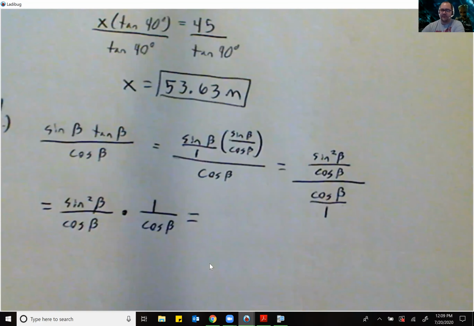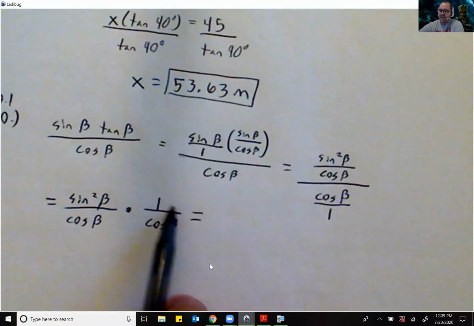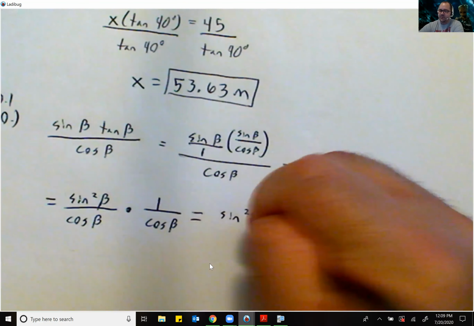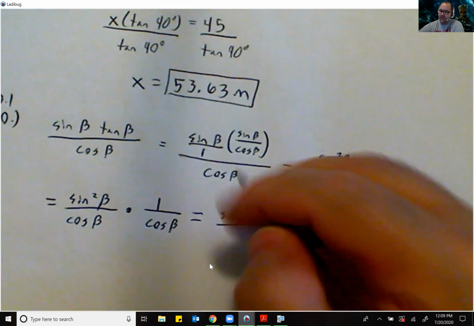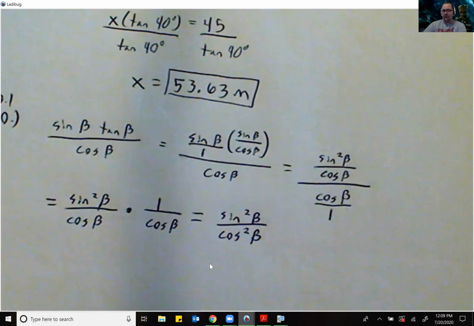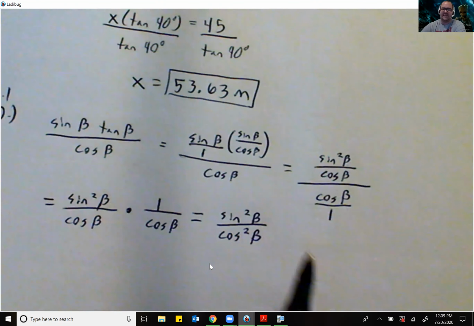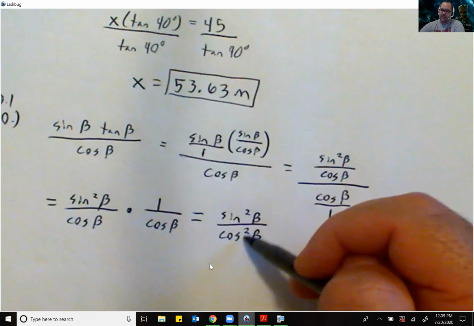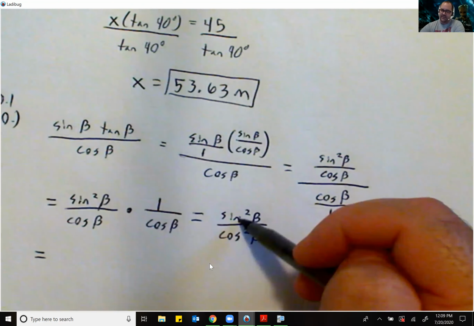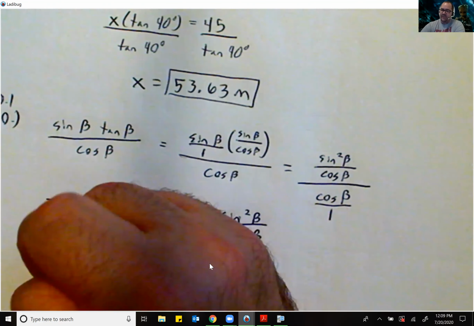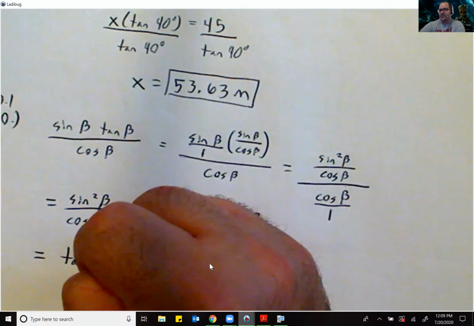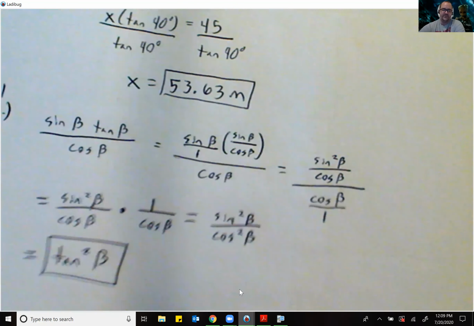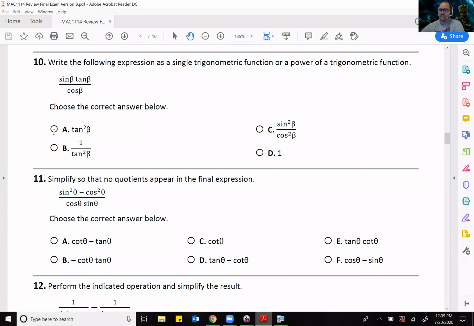So all we do is multiply across the top, which gives us sine squared beta, all over cosine times cosine is cosine squared beta. Now, I know this is one of the answers, but remember, they want it as a single trig function. So if you look at this, this should look familiar. Sine over cosine. Oh, I know what that is. Whenever you have sine over cosine using a trig identity, that's just tangent. And because both of these are squared, we call it tangent squared beta. That's the answer there, which was A.